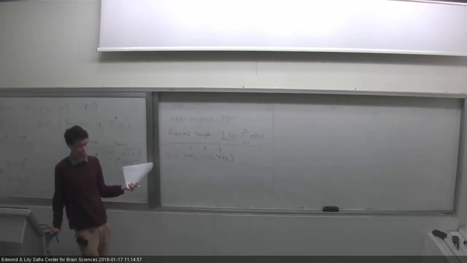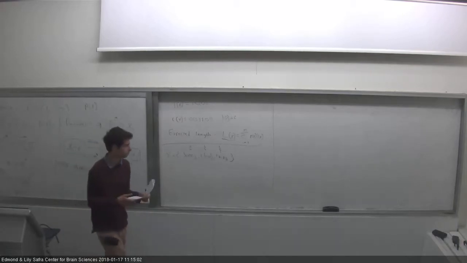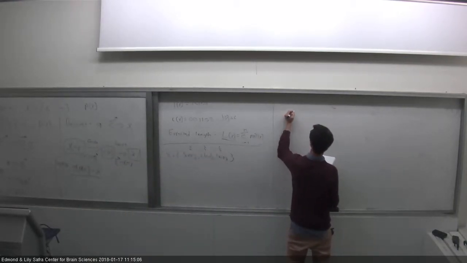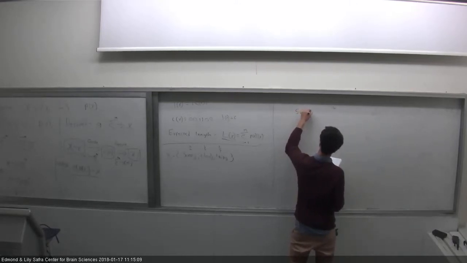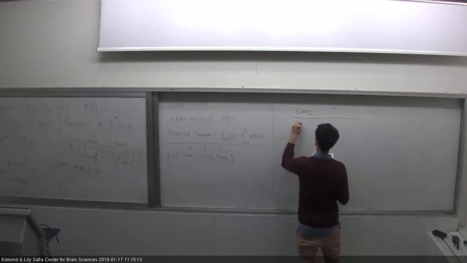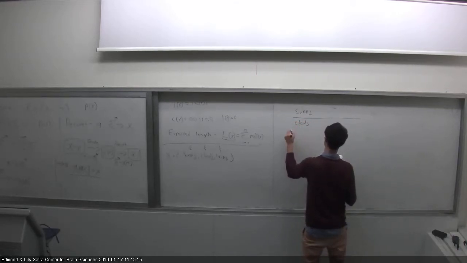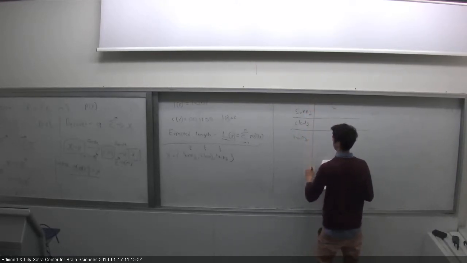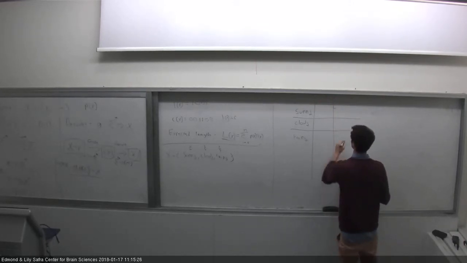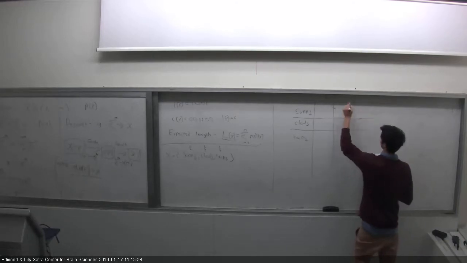Now let's consider three types of binary codes. We have here sunny, cloudy, and rainy, and we have three types of code.